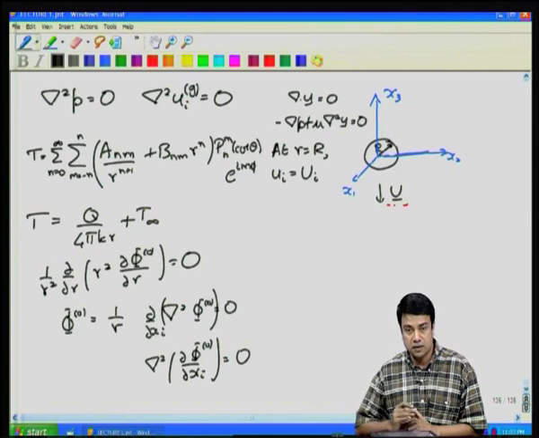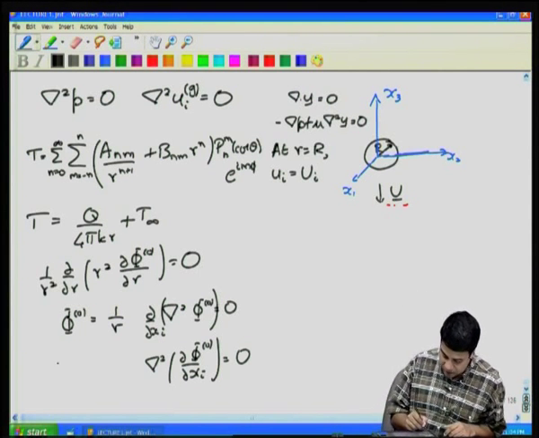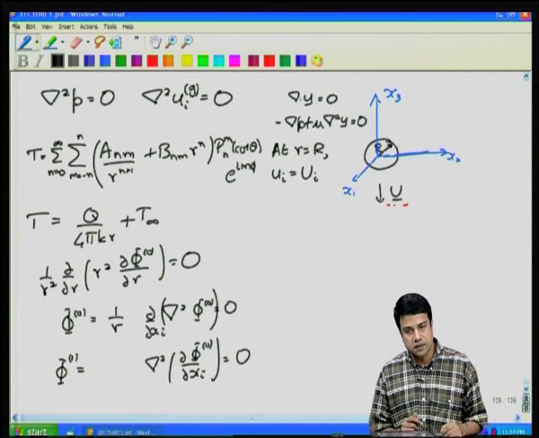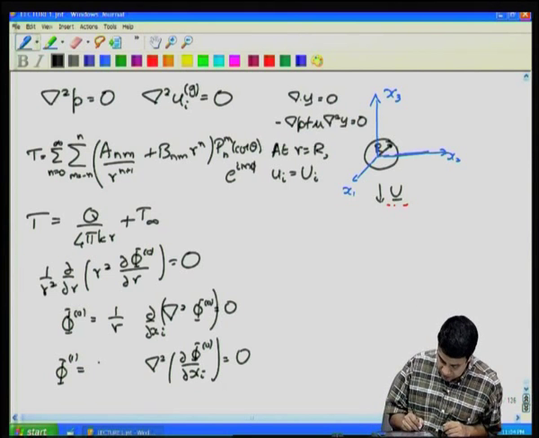So, obviously, the gradient of phi naught is also a solution of the Laplace equation, and that is a vector solution. We had obtained that, once again to within an undetermined constant, as x i by r cubed.